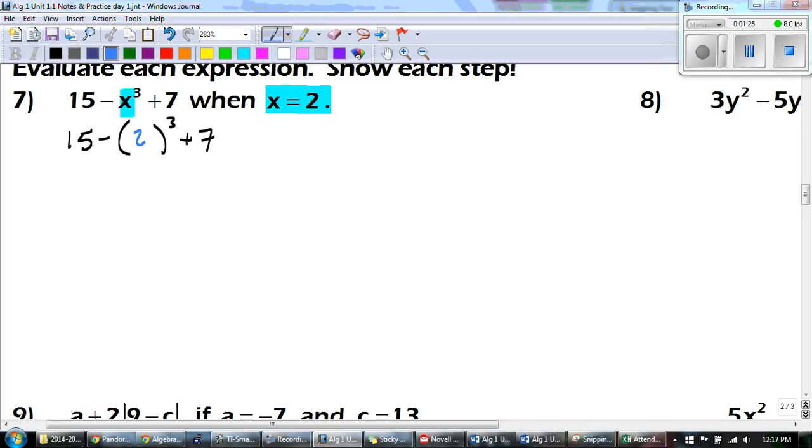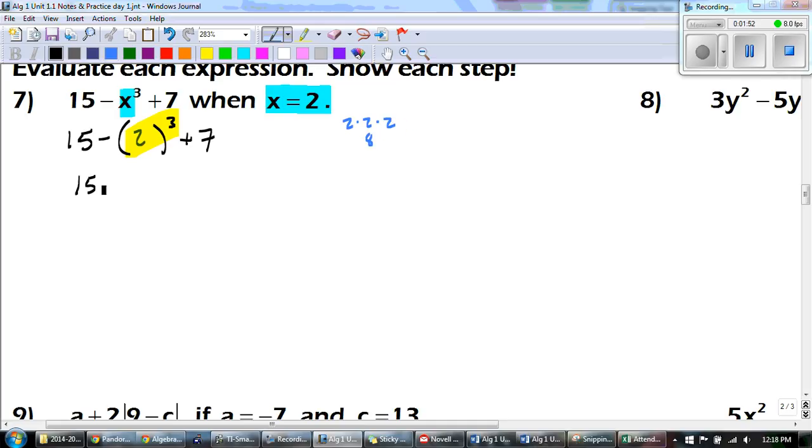So for number 7, I've already plugged in my 2, and now all we're doing is following the order of operations. Okay, so parentheses, exponents, multiplication, division, addition, and subtraction, same as the first side, same as forever. So what we have to do first is this 2 cubed, 2 to the third power. Remember that is 2 times 2 times 2, which is, good, that's 8.